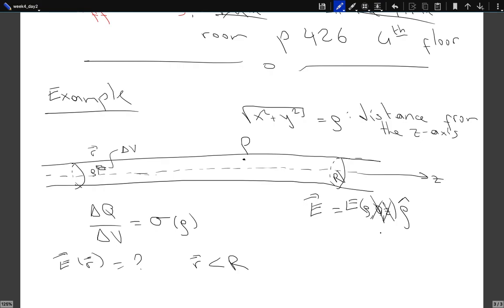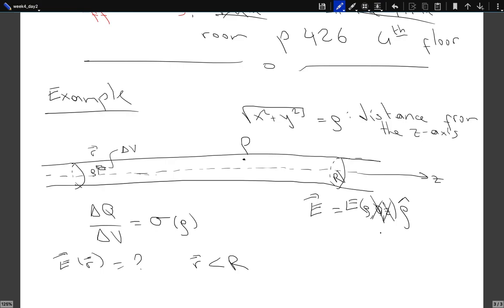It will not be the same anymore. That would tell me that the electric field magnitude should depend on z. The electric field at this point will be different than at this point, mainly because this point is closer to the accumulated charge, whereas this point is further from it. So there will be a z dependence in that case.